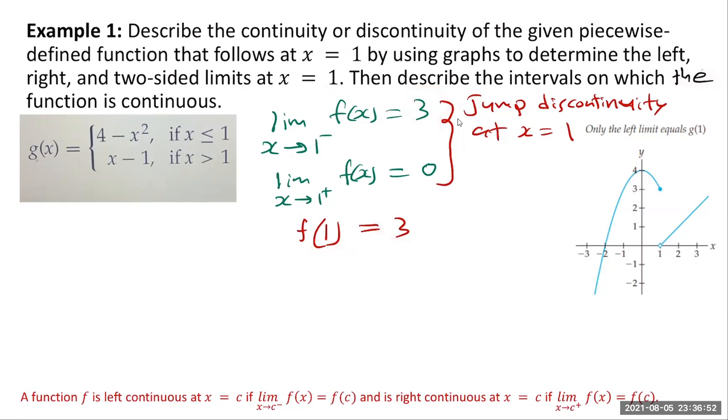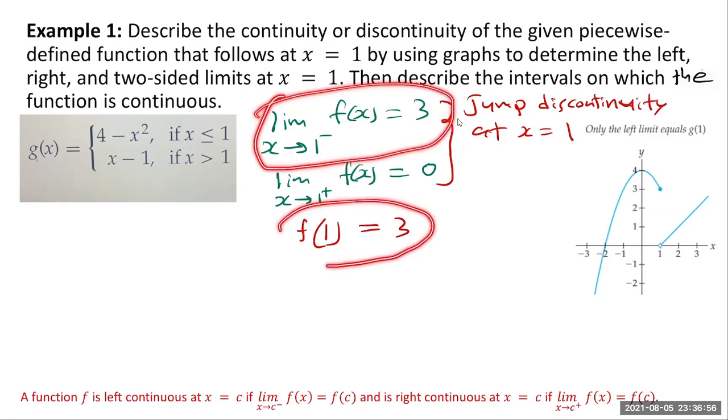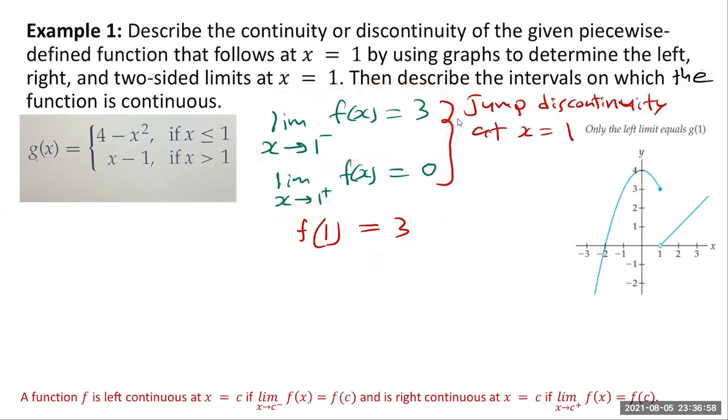Your function is left continuous because the left limit is the same as the function value at x equal to 1. You could say f is left continuous at x equal to 1.